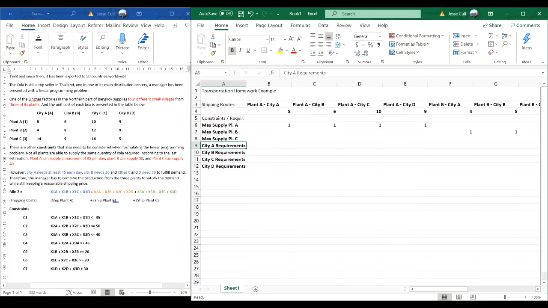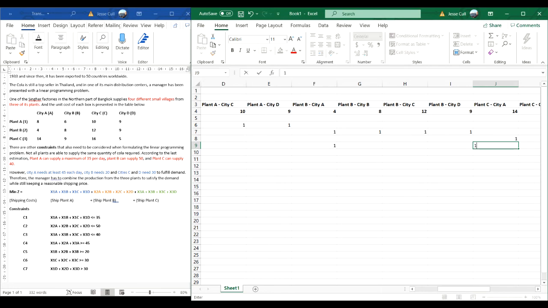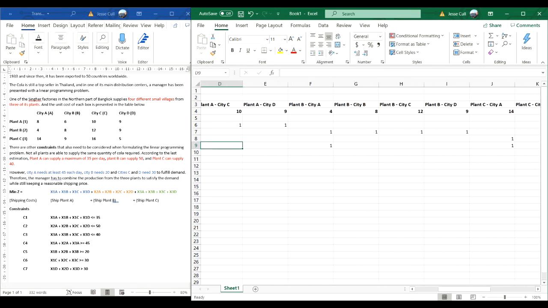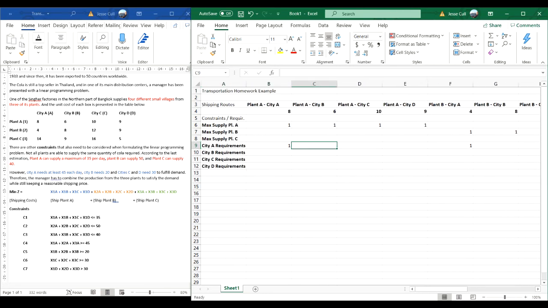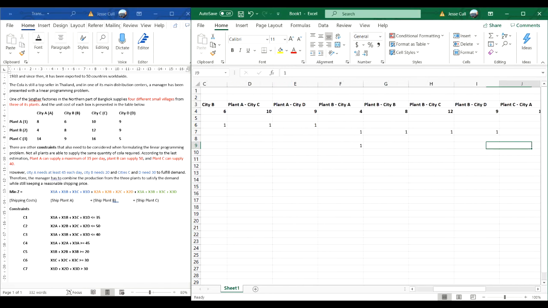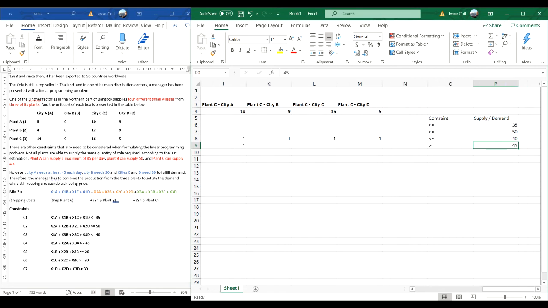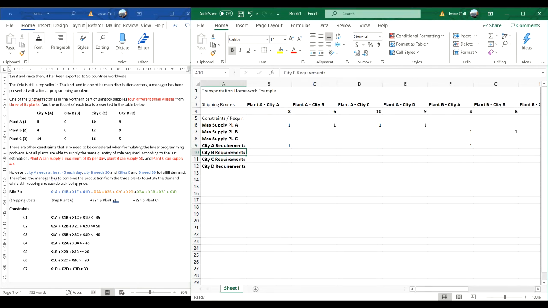So x1a, which is right here, plus x2a right here, plus x3a must be, in this situation, greater than or equal to 45, meaning the goods shipped from plant A to city A, plant B to city A, and plant C to city A must be at least 45, because that's what they require. We repeat again here.